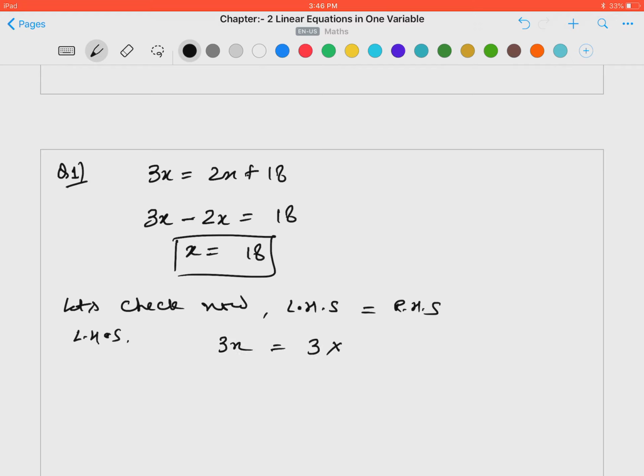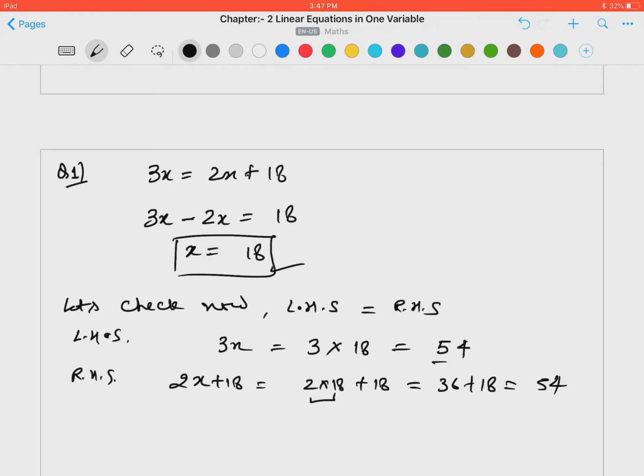That means 3 into x, here x is 18. 18 into 3 is 54. And on the right hand side we have 2x plus 18. So 2 into 18 plus 18. 2 into 18 is 36, plus 18 is 54. Both terms are equal. That means this answer is correct. That's how we solve this equation and check the answer.